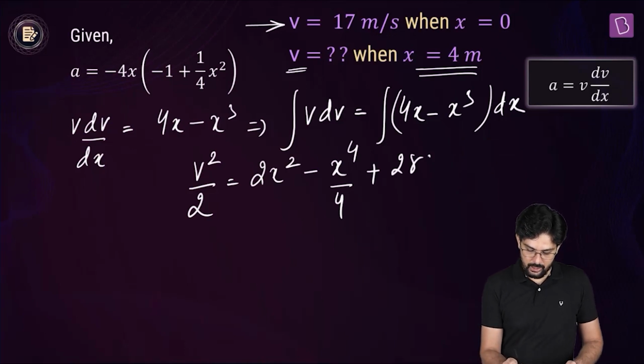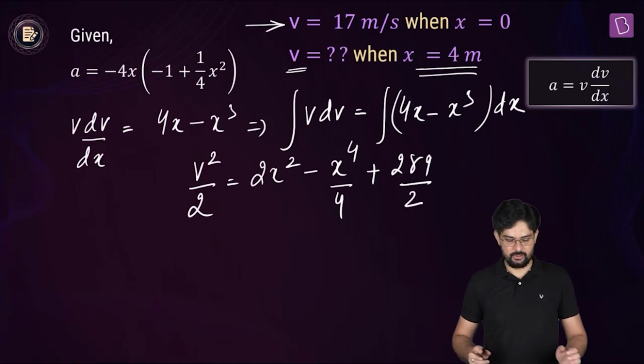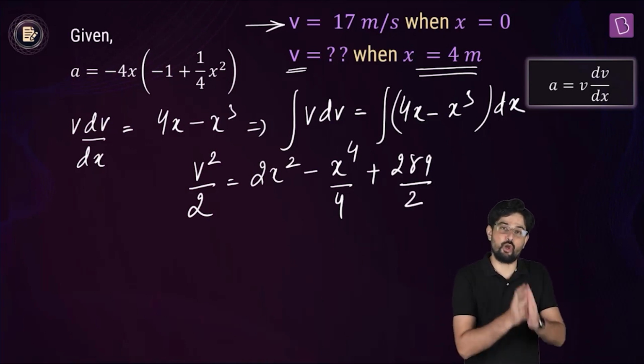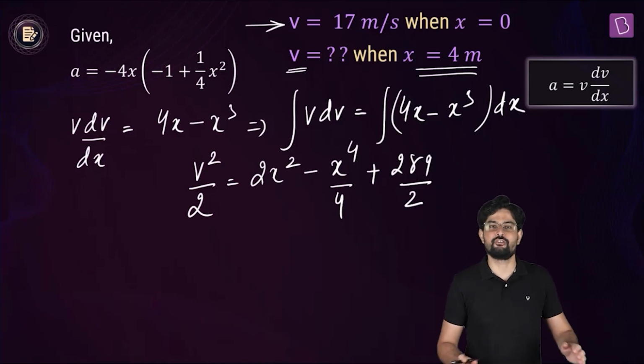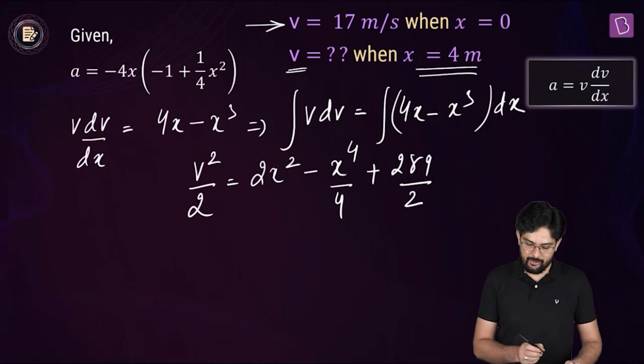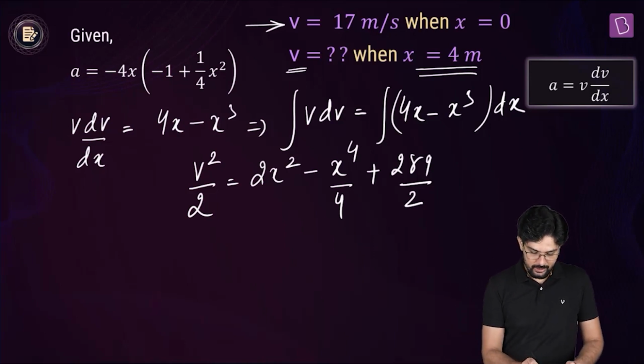plus 289 by 2. So this is how the velocity of this particle depends upon the displacement of this particle. And now let's quickly put the value x is equal to 4 to find out what's v. So we have v square by 2 on the left hand side.